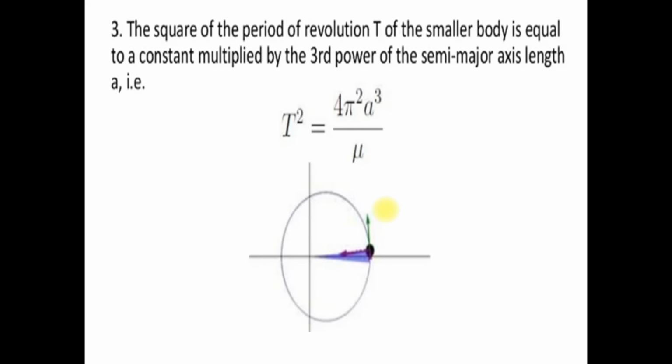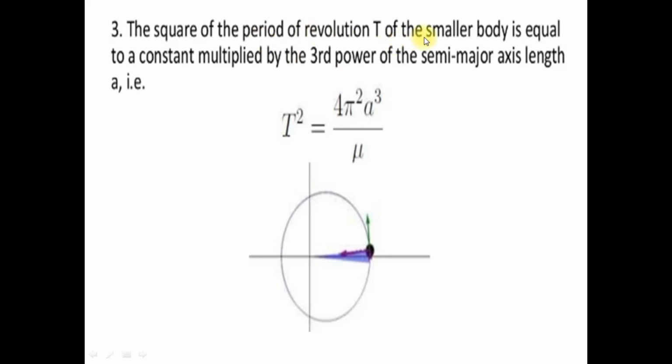Then the final Kepler's law: the square of the time period of revolution T of the smaller body is equal to a constant multiplied by the third power of the semi-major axis length. Here you can see that T square is equal to 4 pi square a cube by mu.